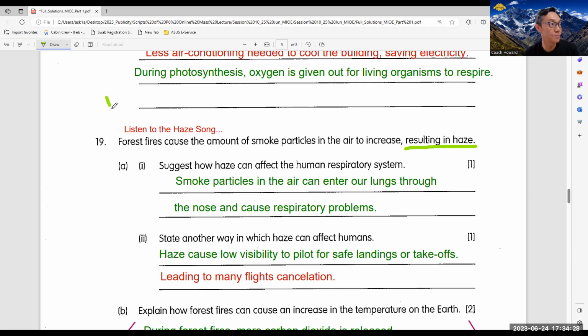So some creative people designed and produced this haze song to show some unhappiness to our Indonesian friends over there. So I hope that maybe this song can give you some inspiration of how bad the haze was.